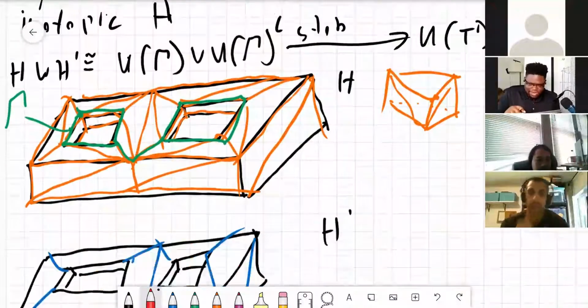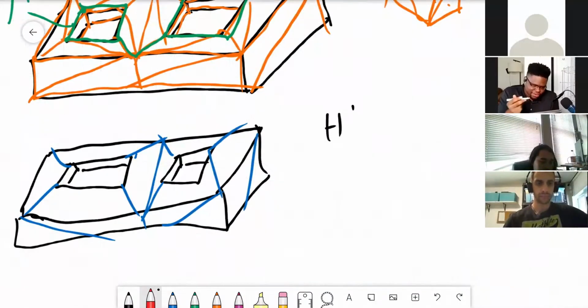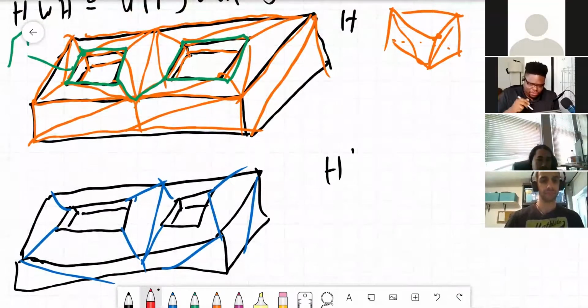And this I will not do in detail, but basically I do get some triangulation of the boundary here. I then can just look at the image of both of these triangulations that we have on our surface. So if I look at the orange on H prime, I'm going to get some other triangulation that does whatever.